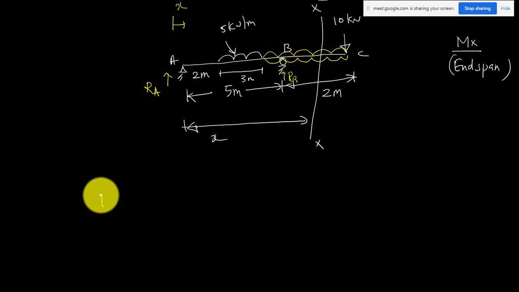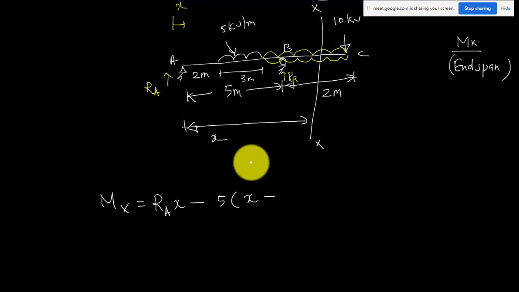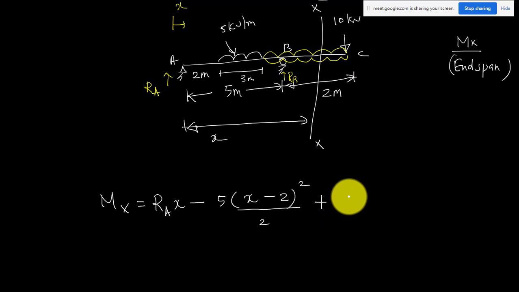So now I can write the equation for the moment, that is M(x) equal to RA into x, minus 5 into (x minus 2) into (x minus 2) by 2, this equation, plus this UDL, that is plus 5 into (x minus 5) up to here, so (x minus 5).